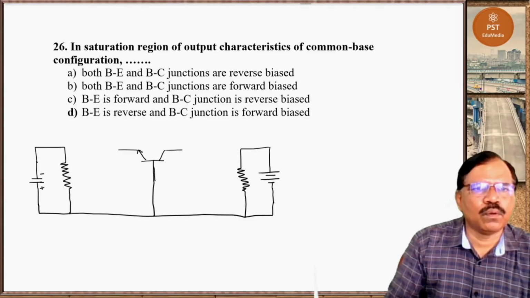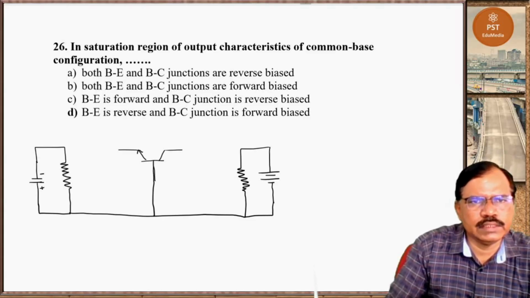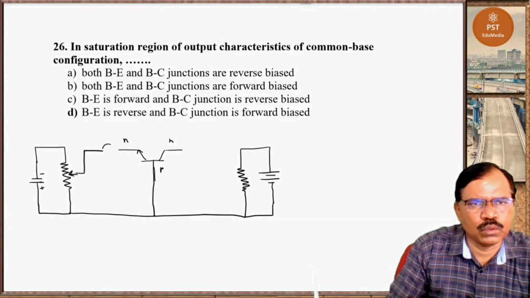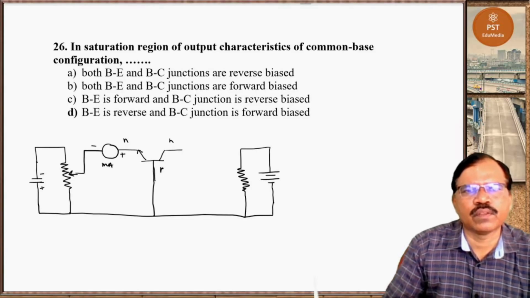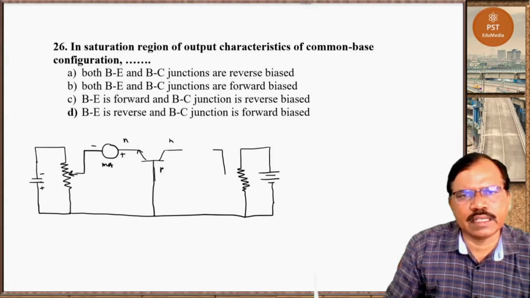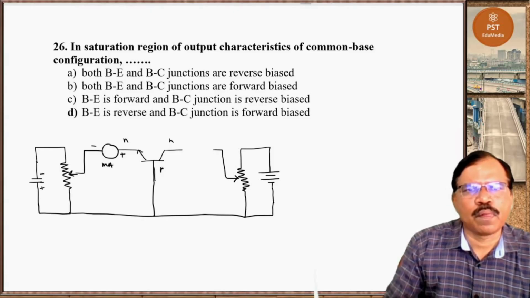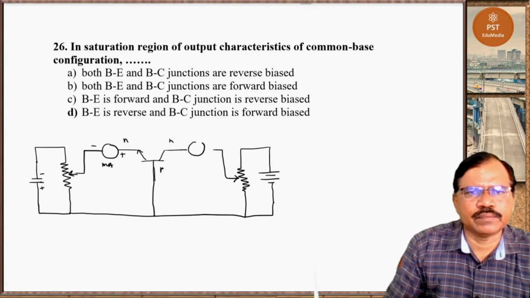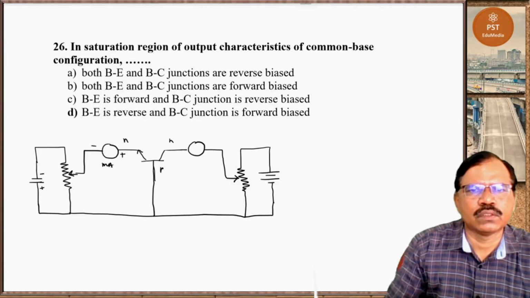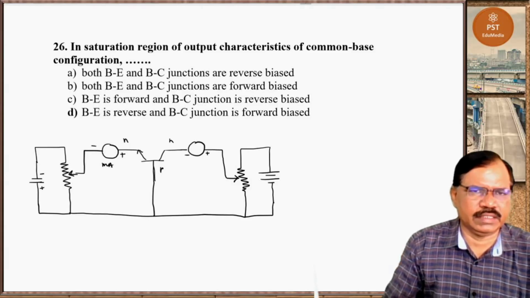And now since it is an NPN transistor, the collector is connected to the positive of the battery. So we have here a milliammeter, plus minus. We have to measure collector current also. So here plus minus.